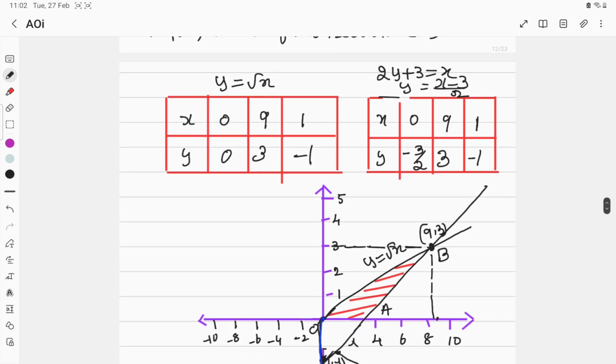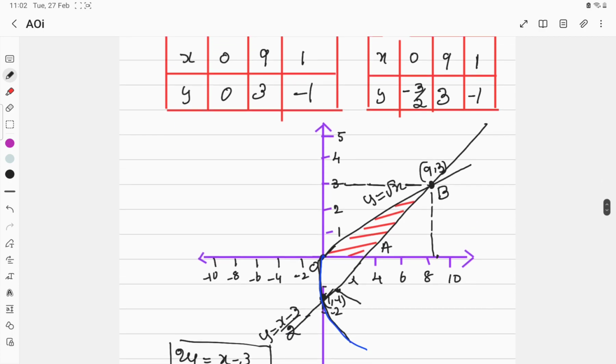Then as usual, we have to draw the diagram, taking any 3 values for x and y. Here y = √x: when x = 0, y = 0, and when x = 9, y = 3. This is the intersecting point (1, −1) here.